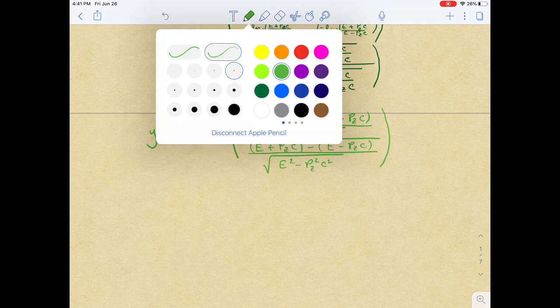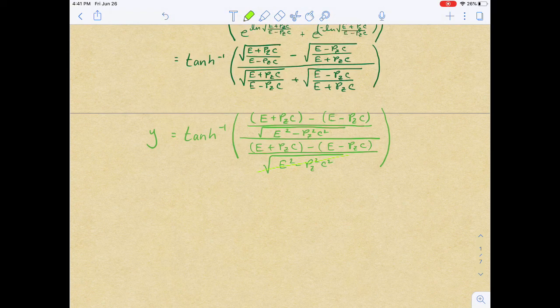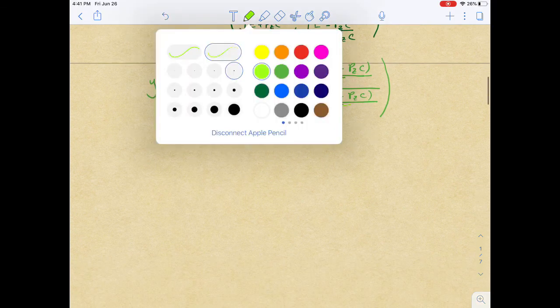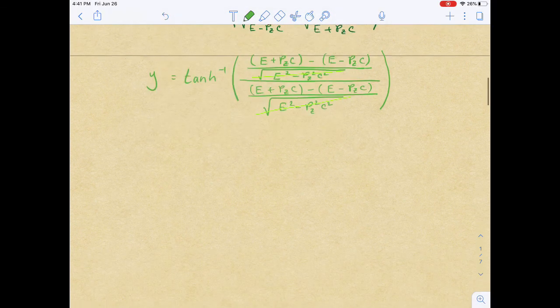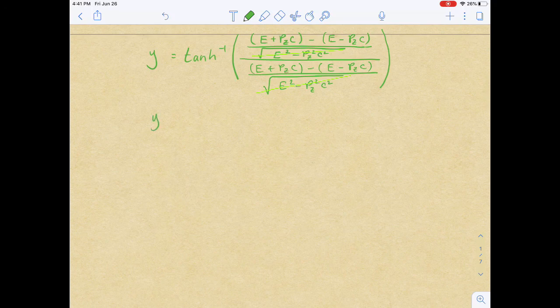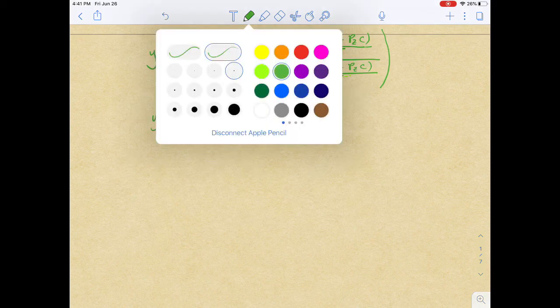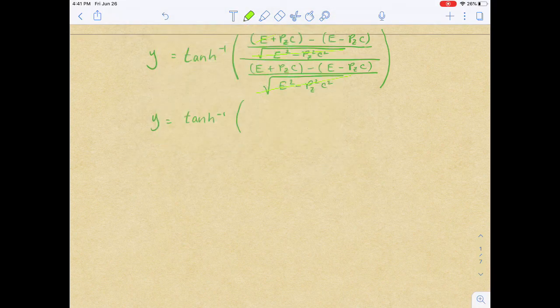Now we can see that this cancels out, which is nice. So we have y equal to inverse tangent of, more things cancel out. This cancels out with this, and this cancels out with this.